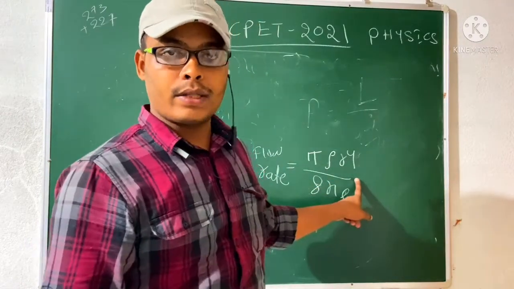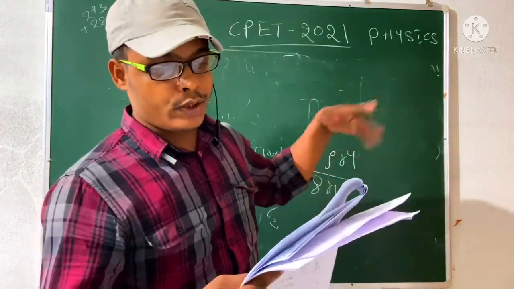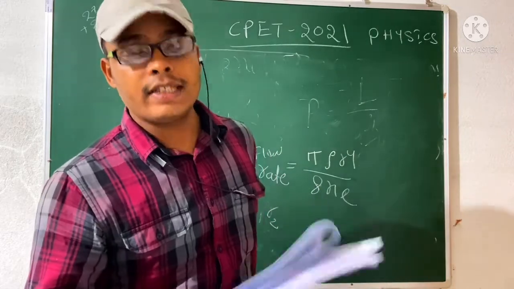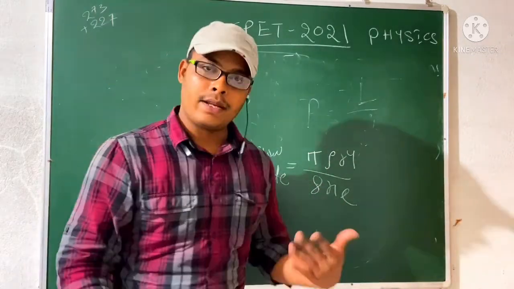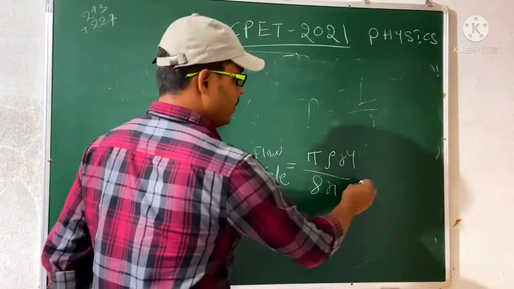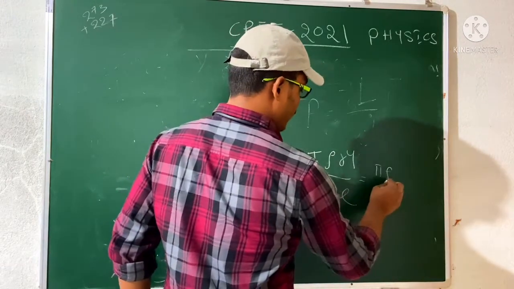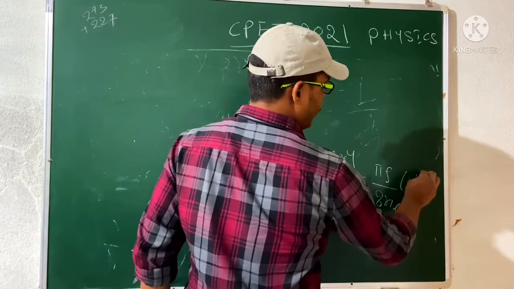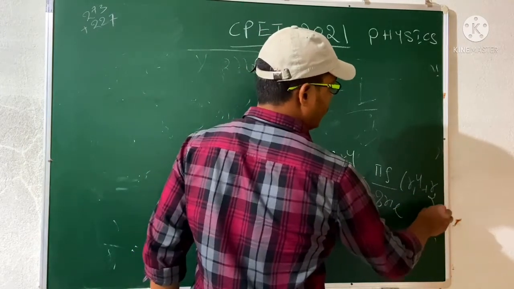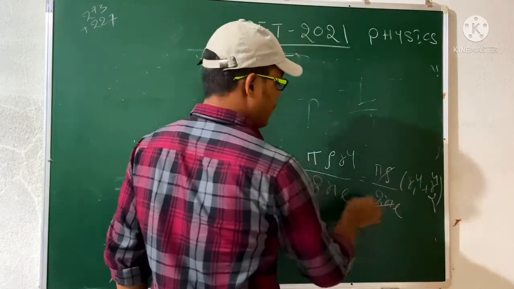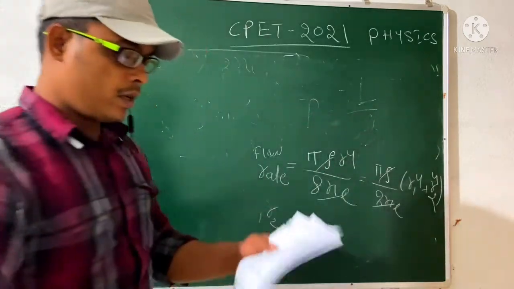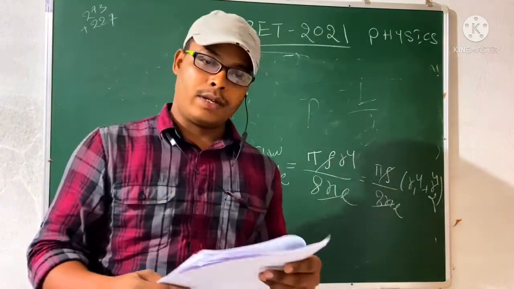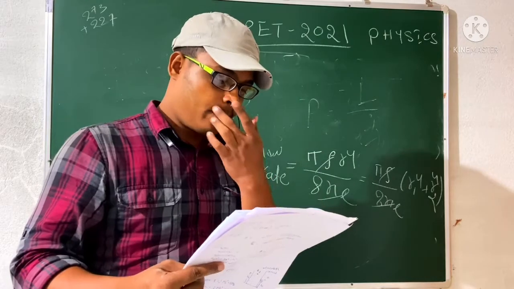The flow rate is directly proportional to r to the power 4, and since there are two radii but they are parallel, it will be pi rho by 8 eta L into r1 to the power 4 plus r2 to the power 4. So that will cancel, and your r to the power 4 equals r1 to the power 4 plus r2 to the power 4. So that will be option C.